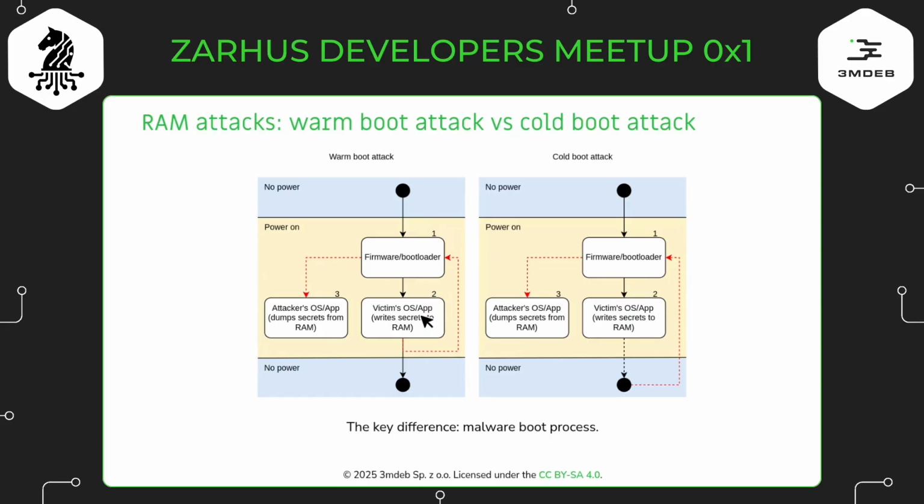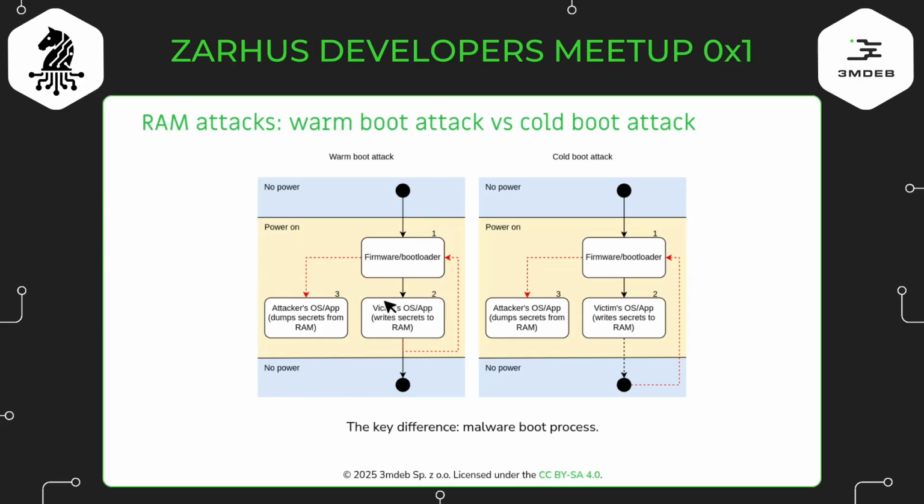And the victim's OS is performing some operations on secrets, for example, LUKS partition decryption, encryption, any key management, any signing, encryption of packets that will be sent over the network, etc.